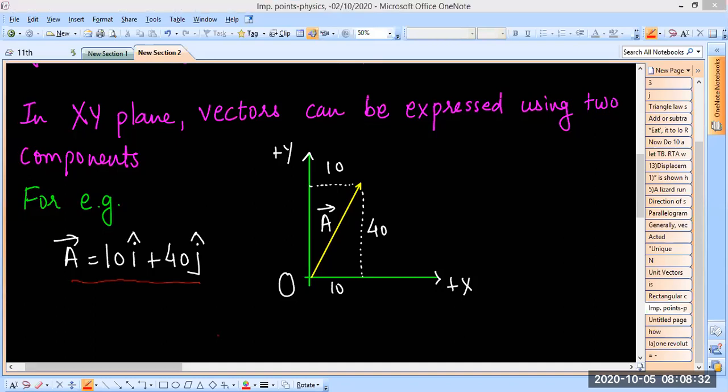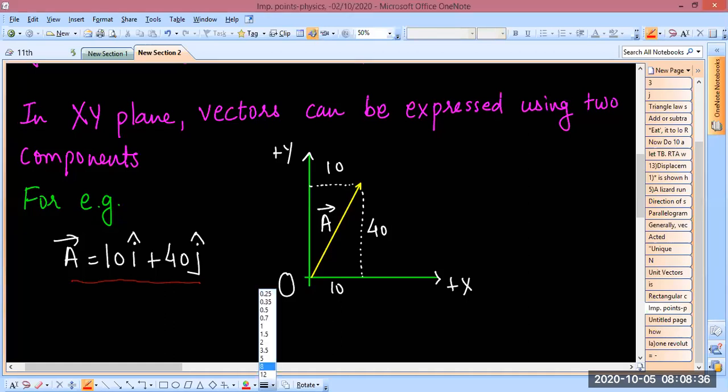I hope all of you have at least understood the basics of how we are getting this here. This vector has two components, one horizontal and one vertical.